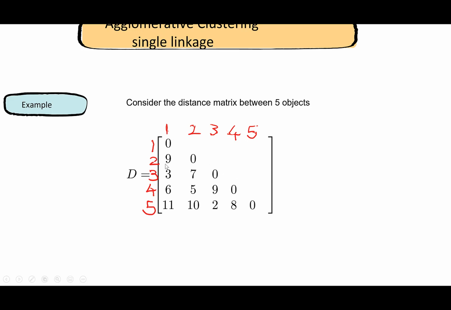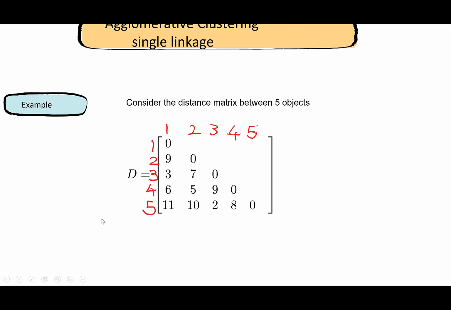Just the lower triangular part is enough because this matrix is symmetric. This distance matrix corresponds to data which has 5 rows or 5 elements, and it gives me the distances between each pair of elements.